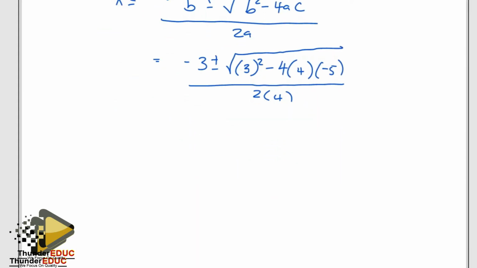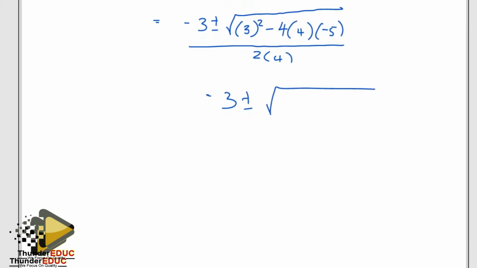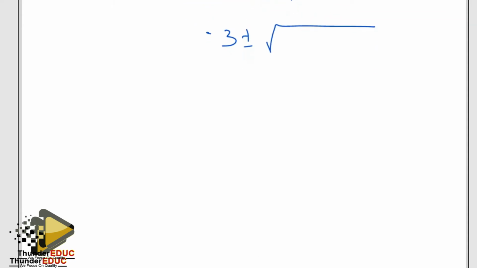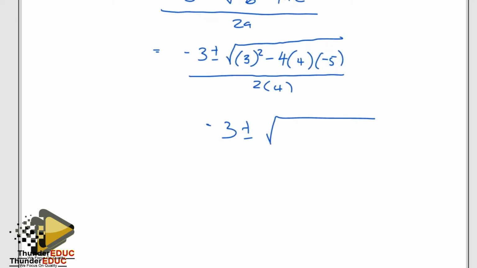So this would give me something like a negative 3 plus minus. When I look at the root sign, 3 squared is a 9, and then I'm having 4 by 4, 16 times 5, that is 80. So in other words, I'm adding 80, so I'm going to have root 89 over 8.